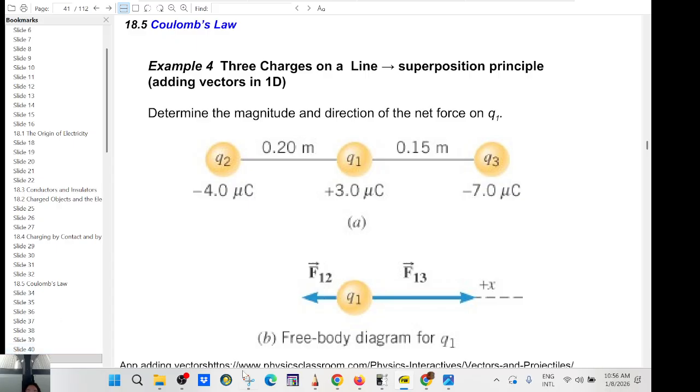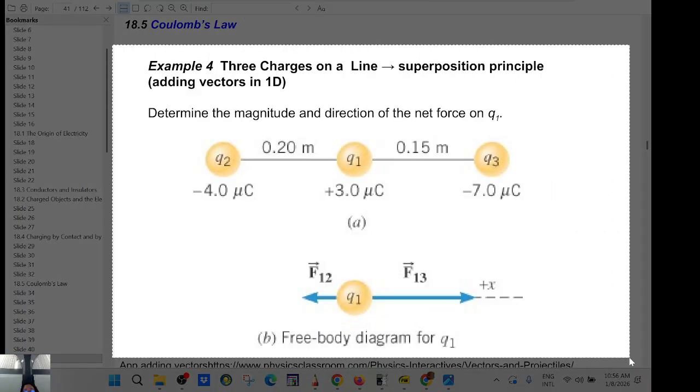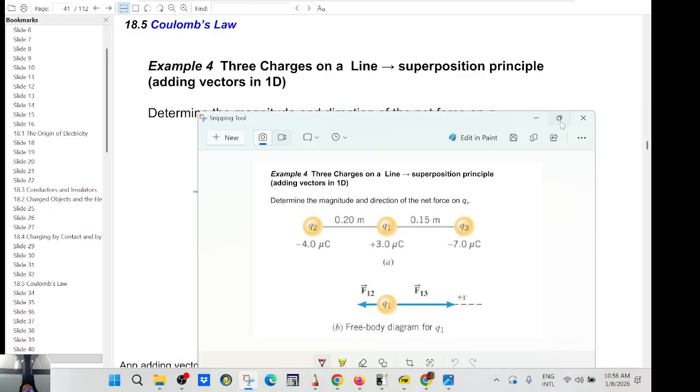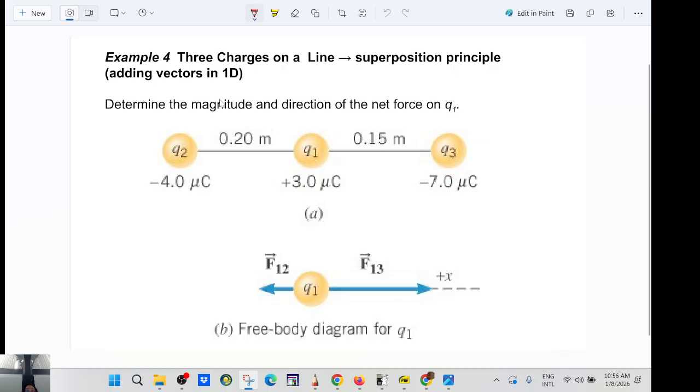And just to start here, and then we'll do that on Tuesday. But it says here, find the magnitude and the direction of the net force on Q1. So when you're going to have a problem like this, first of all, you isolate your system. So Q1, you are interested in Q1.